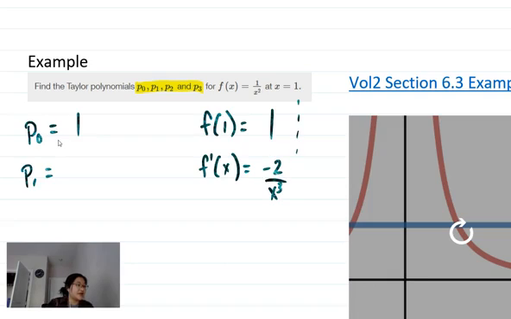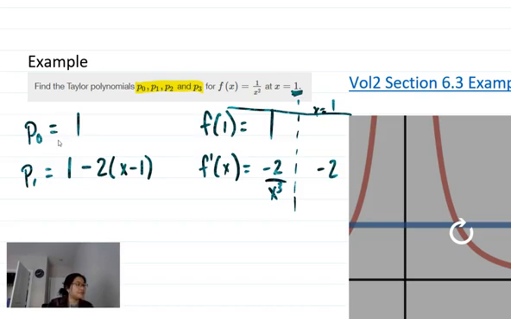So that evaluated at x equals 1 is going to give us what? We're going to get negative 2 over 1 cubed. So it's negative 2. So that means that we have our first term, which is 1 from before, and then we're going to subtract 2 times x minus 1, because we're centering at 1, to the first power.